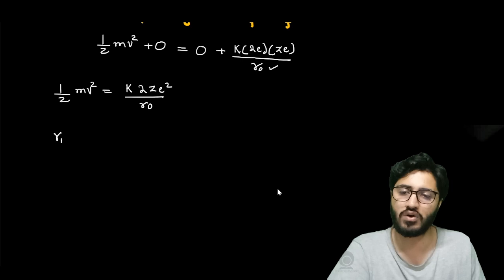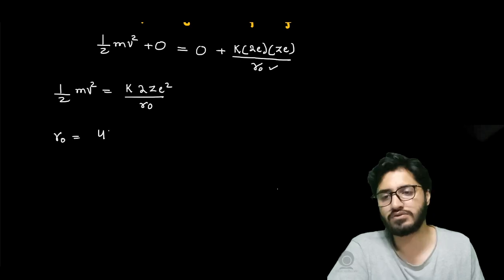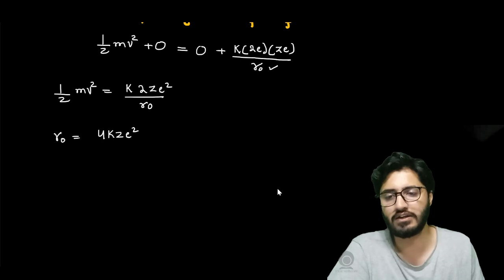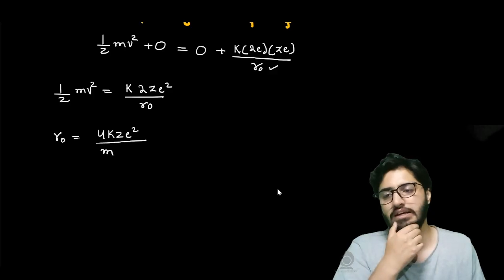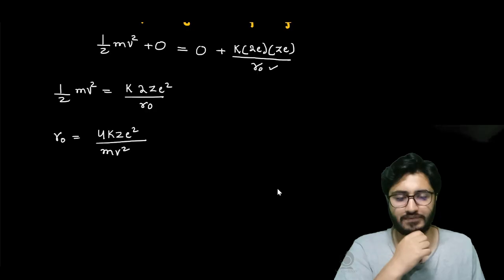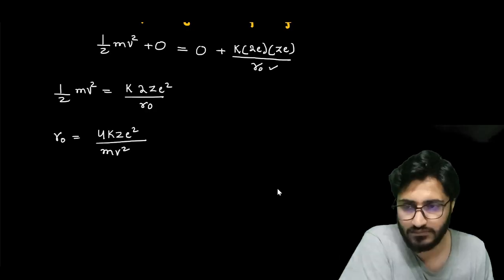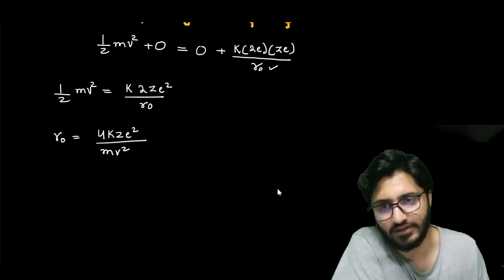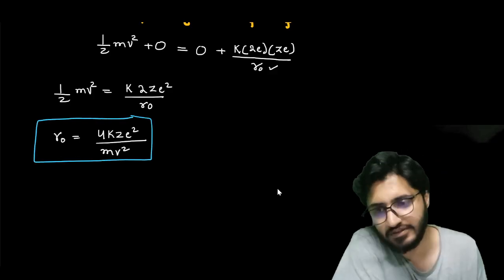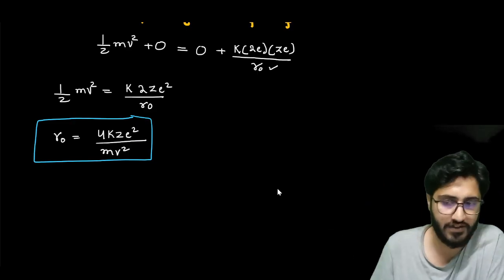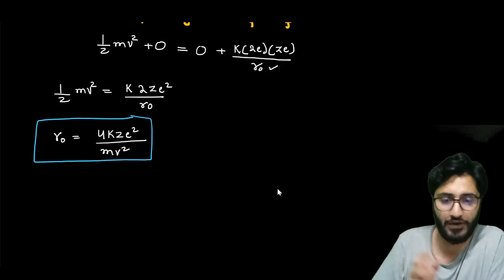So R naught is equal to 4KZe square divided by mv square. This is my expression of the closest approach, the closest distance between the alpha particle and the nucleus, which is fixed.